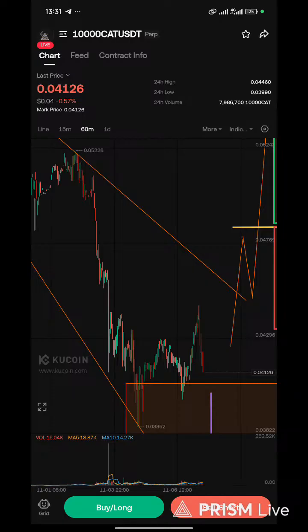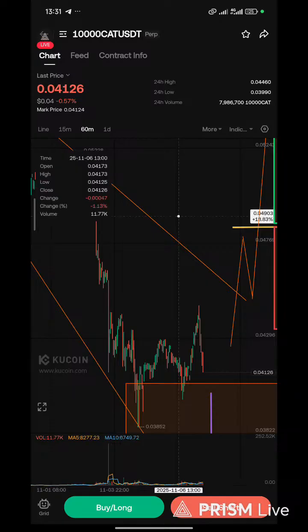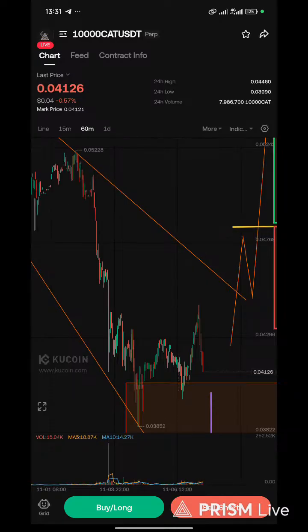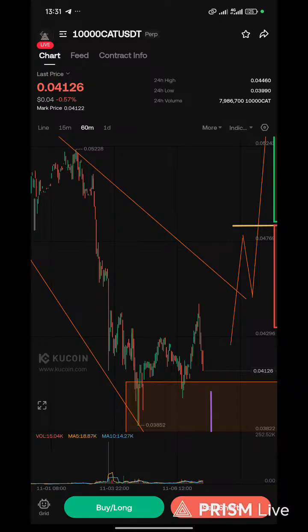Market is consolidating. You wait for it to reach this yellow section before we plan any other thing to do.